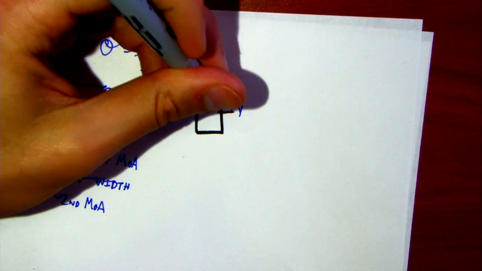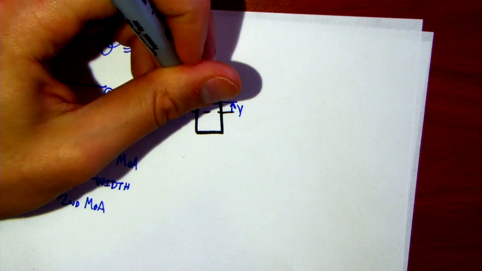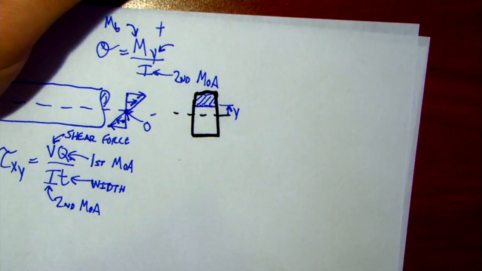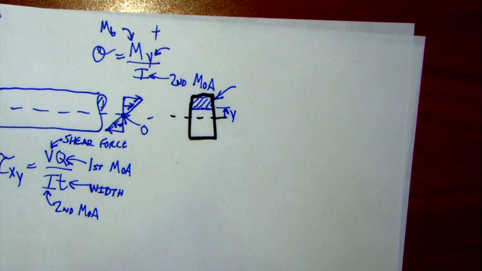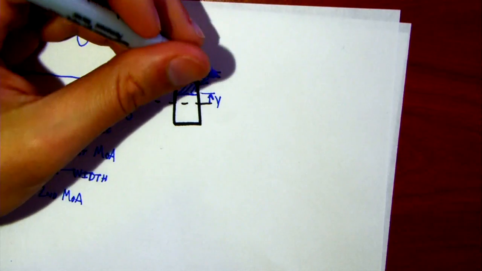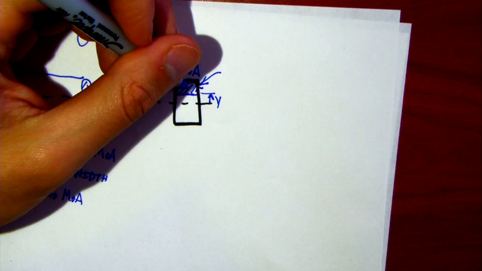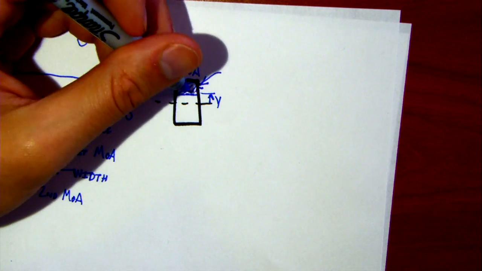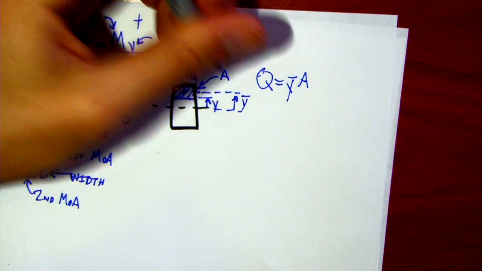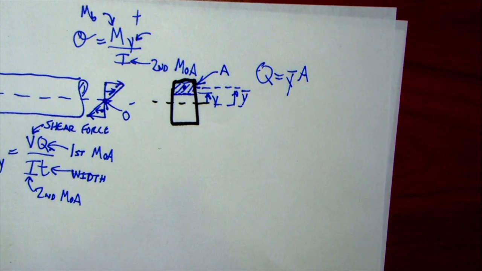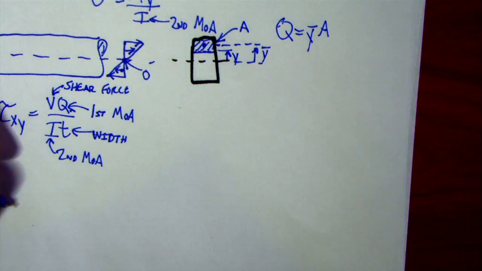Well, just like we did last week, we said, well, there's a stress cube there, and Q is the first moment of area of that stress cube, or kind of how much area is here multiplied by the distance of the centroid of that area from the neutral axis. So we came up with some expression for a y bar, and Q equals y bar times the area of the stress cube.